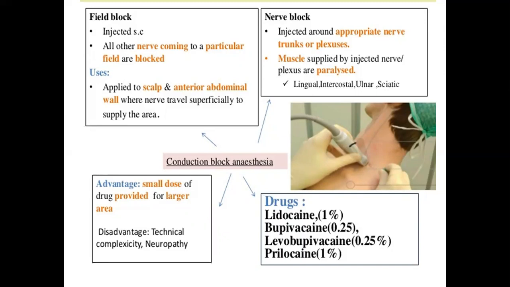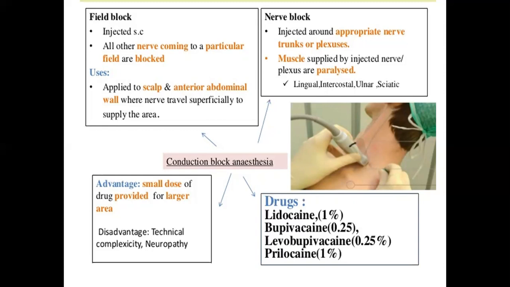Muscles supplied by the injected nerve or plexus are paralyzed. The advantage of this procedure is that a small dose of drug is provided for a larger area. The disadvantages are technical complexity and neuropathy.